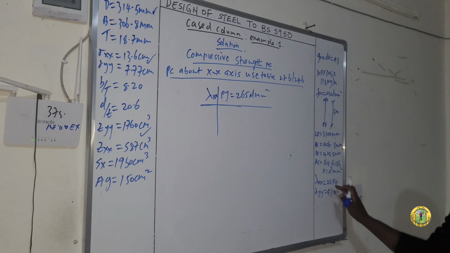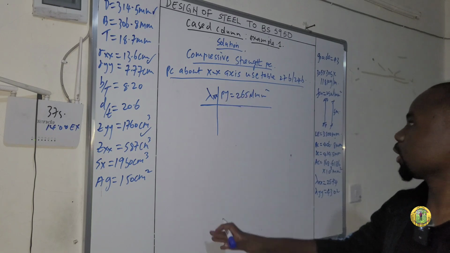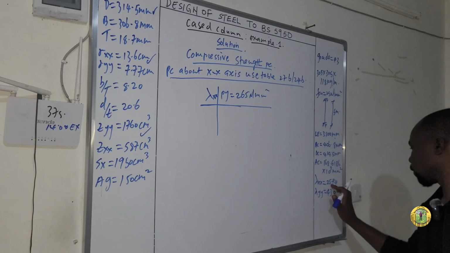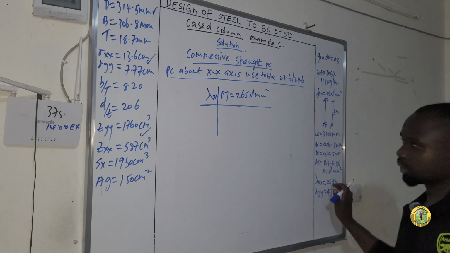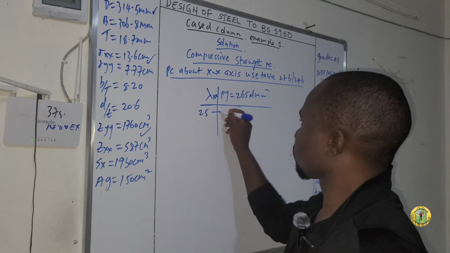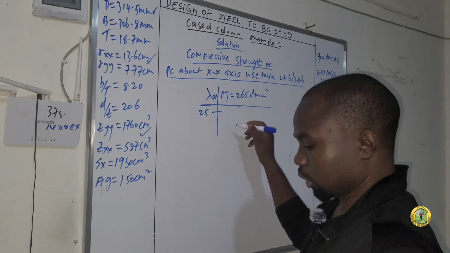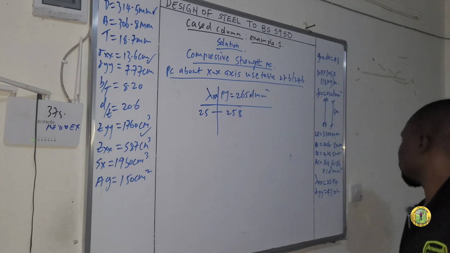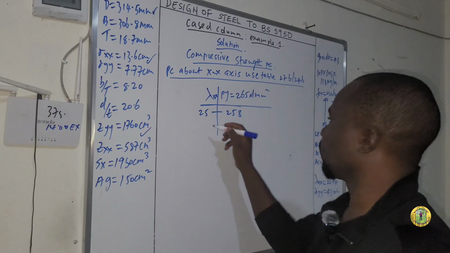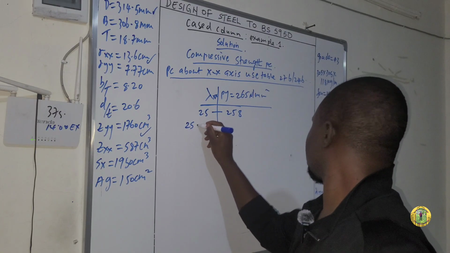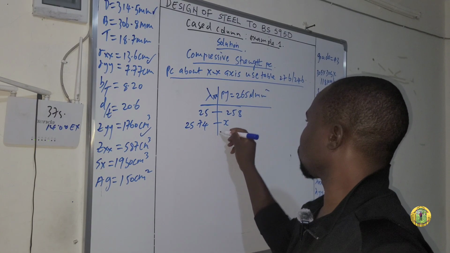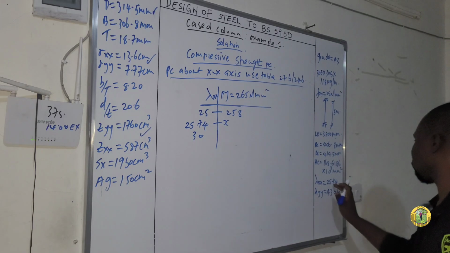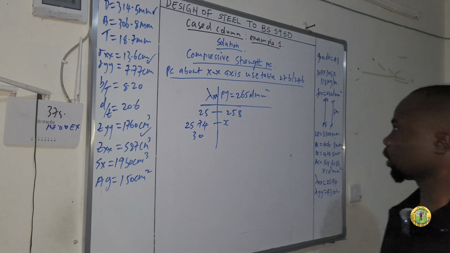It is not available in the slenderness ratio column. So you go for a value slightly lower than this, which is 25, and it corresponds to 258 for Py. Then 25.74 will be at the center, and then we have 30, slightly higher than 25.74.